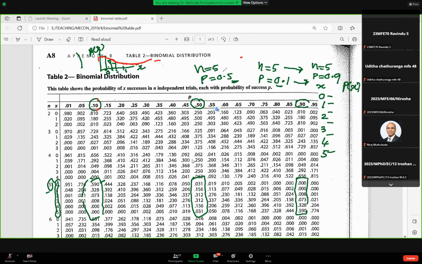Then we have another 2 scenarios. You can sketch these 2 probability distributions, take a photo, and send your answer into the chat box. Then only you can realize how the shape of the probability distribution changes with the change of probability. Shall we do this exercise?